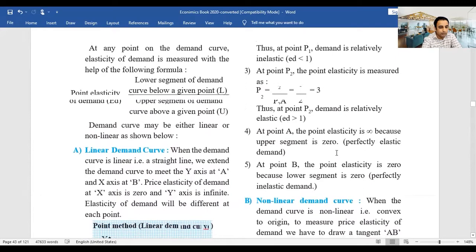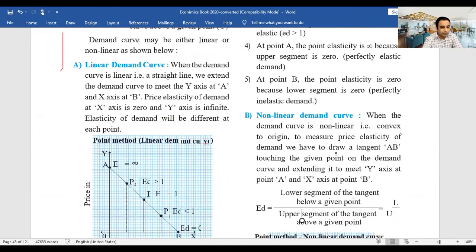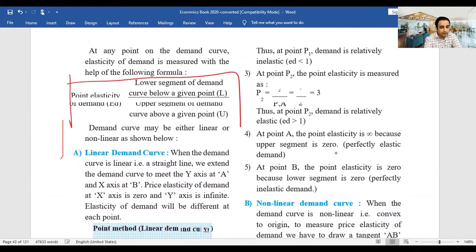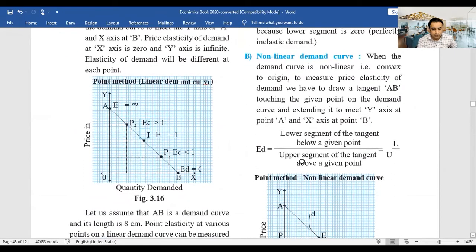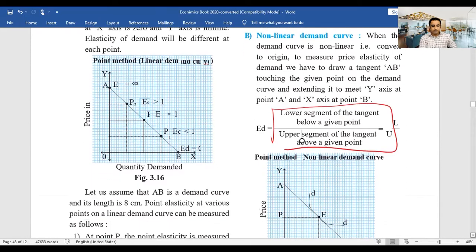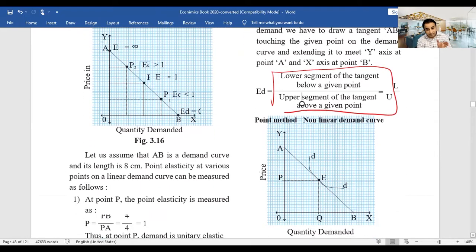And for the non-linear demand curve, we use the formula that is lower segment of the tangent below a given point upon upper segment of the tangent above a given point.